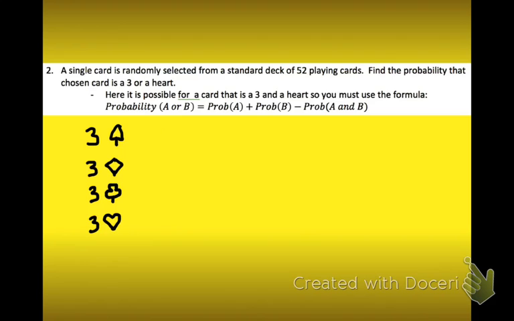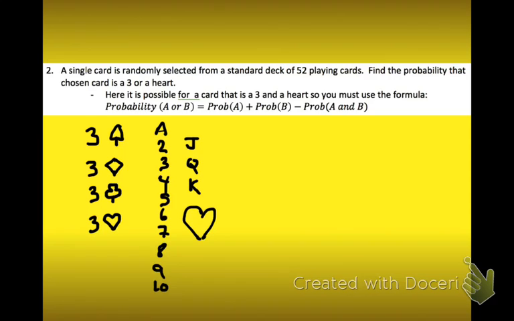And then you also have ace, 2, 3, 4, 5, 6, 7, 8, 9, 10, jack, queen, and king. And these are all going to be hearts, right?